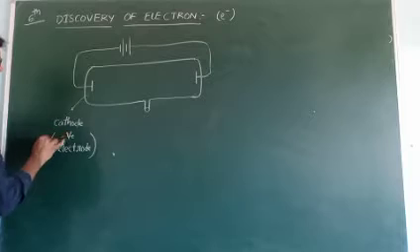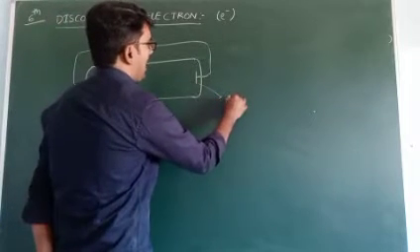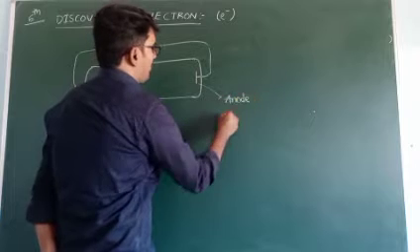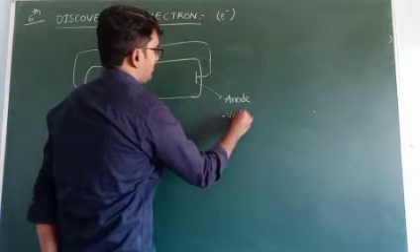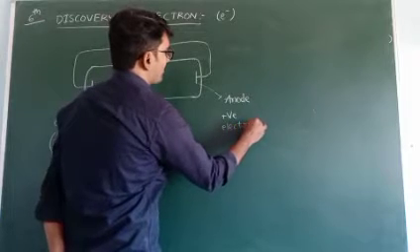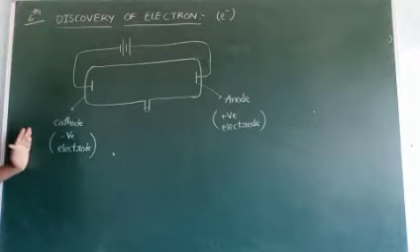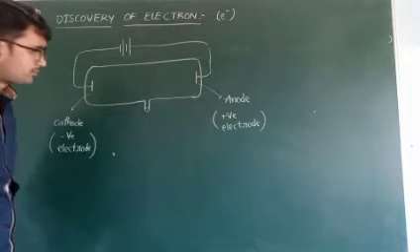Okay, now this is anode. Anode means positive electrode. Okay, sir. This is cathode and that is anode.